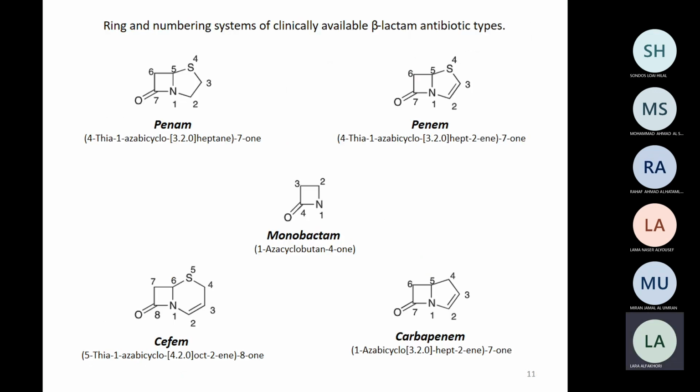Okay? هلا, it's very important for you to understand that the core structure of penicillins varies from one subclass to another. Okay? هلا, المونوباكتams is where I have only the beta-lactam ring, nothing fused to it. لكن the rest of the beta-lactam subclasses, they actually have fused rings or rings fused to the beta-lactam.